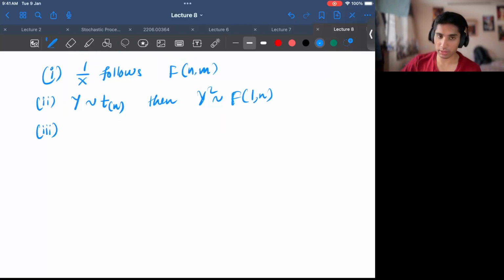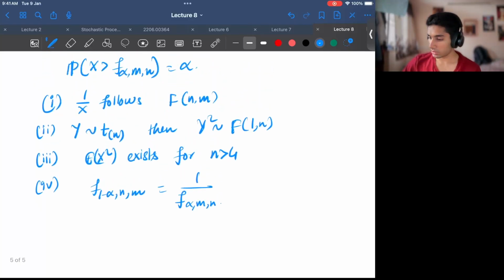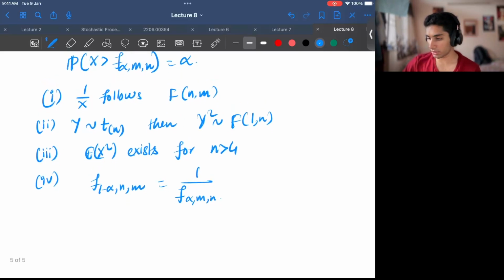The third statement is the expected value of x square exists for n greater than 4. And the fourth statement is f of 1 minus alpha m n is equal to 1 over f of alpha n m. So these are some statements that are given to you, and you have to find out which of these are correct and which are not.